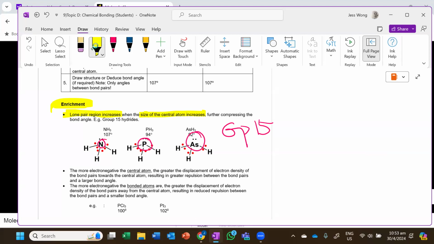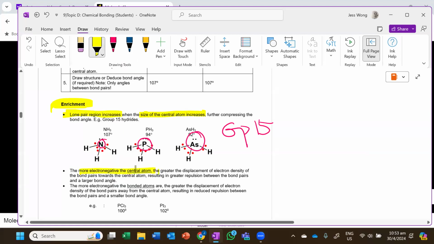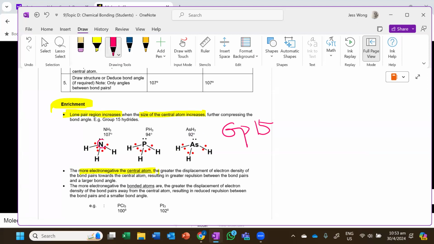We also have the electronegativity. The electronegativity of nitrogen is greater, so nitrogen, being more electronegative, will pull all the electrons to itself. That's why if you look at the red dots, the nitrogen has a lot of electrons around itself. Imagine that it was the electron density. The phosphorus has less, the arsenic has even less, because nitrogen is the most electronegative.